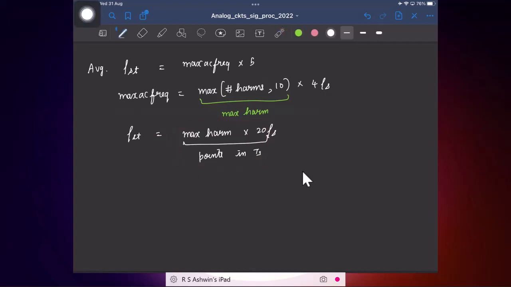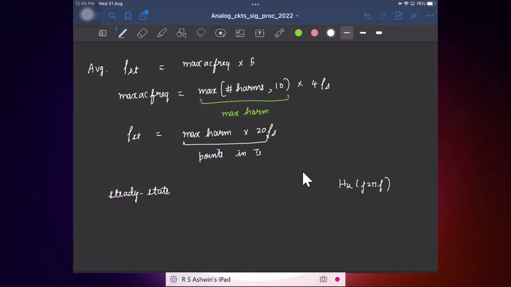Great. So just to summarize, PSS you can use for two things: finding the steady state periodic voltages and the spectrum of that voltage, or finding the harmonic transfer function.